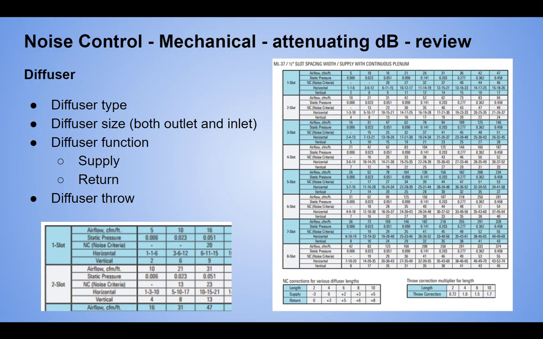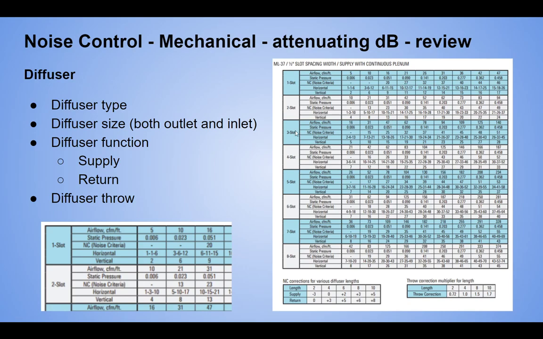Now the thing to note about picking out diffusers like this, what usually happens is the mechanical will give us the size of the air handling unit, and then they'll ask for what the design criteria is for a space. And if we tell them it's an NC 25 space in here, they're going to go look at their diffuser, see how many diffusers they need, because they haven't had any acoustics anywhere, and they're going to go, okay, well, they said it's 25.